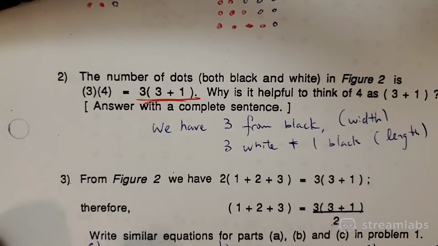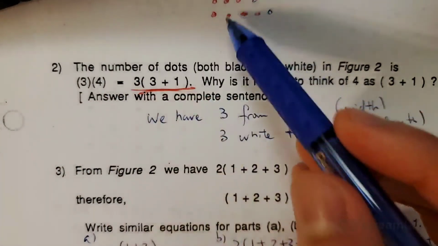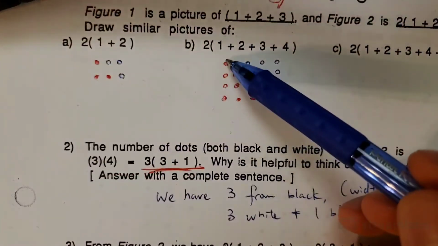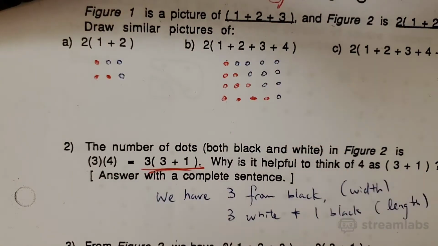So I'm going to show you something. Because of this, we can also see this as 2 times 3. We can also see that one as 4 times 5, right?